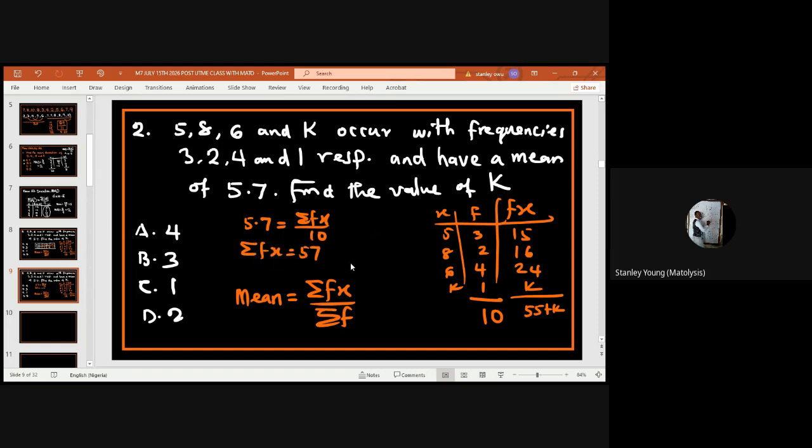So you want to equate 57 to 55 plus k. So 57 equals 55 plus k. From there, k is going to be equal to 2. Hope you understand that. Do you understand? Okay.